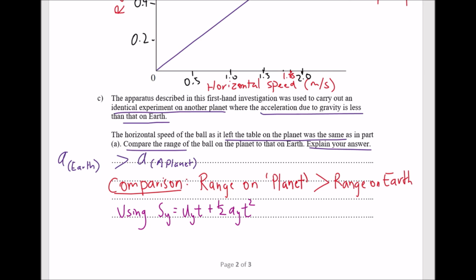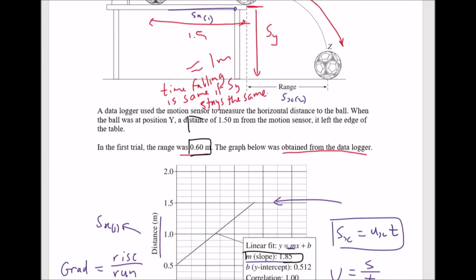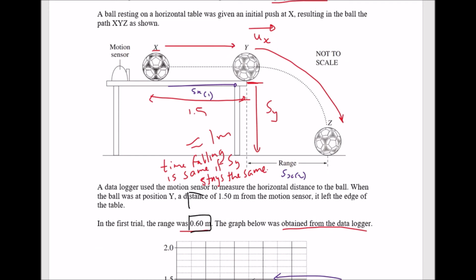We all know that uy is 0. The reason why uy is 0 is this projectile is being launched out at an angle of 0. So if it's being launched at an angle of 0, there's only a horizontal component, so there is no vertical component for velocity.